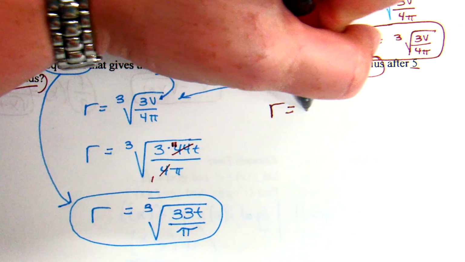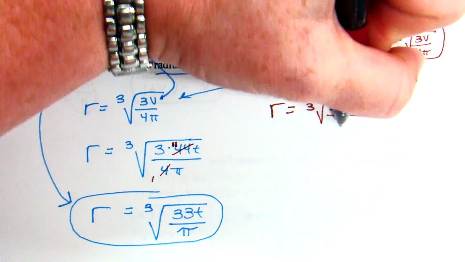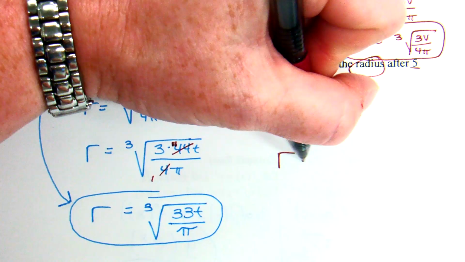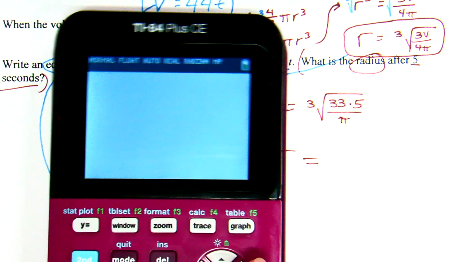R is the cube root of 33 times 5 divided by pi. Obviously, that is a calculator problem at that point. I don't know how comfortable you guys are on your calculators, but I would just plug that all in at once. Do you guys know where cube roots are?